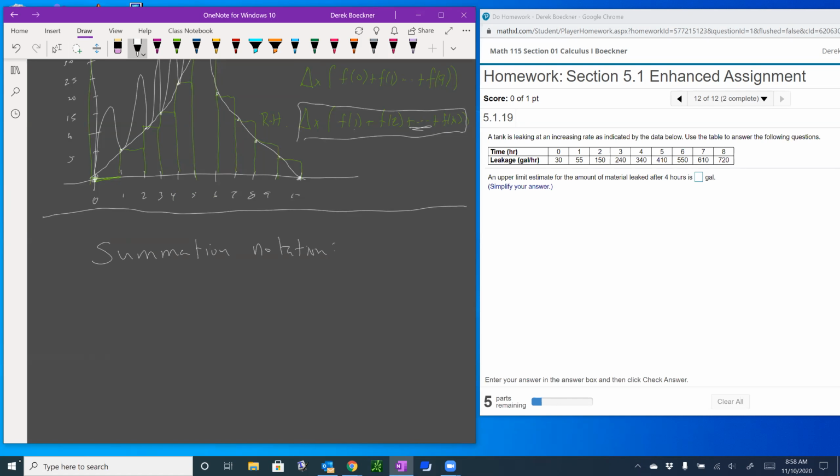So if we're adding up a bunch of things that are similar, say with similar expressions, for example, I want to add delta xi times f of xi, right?